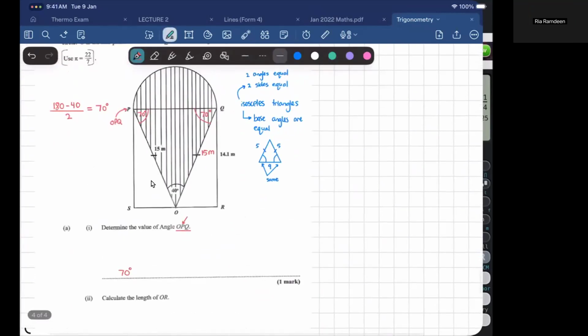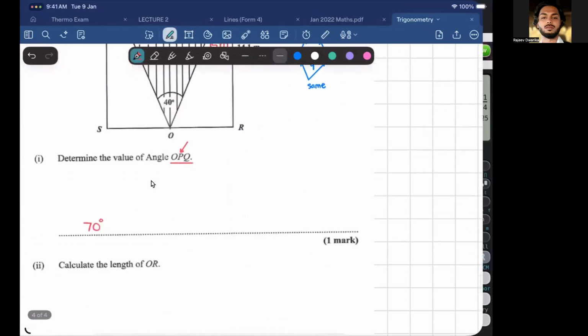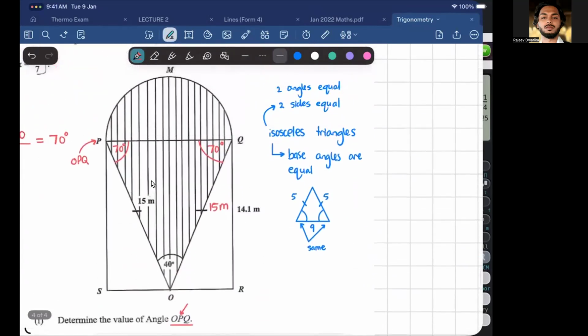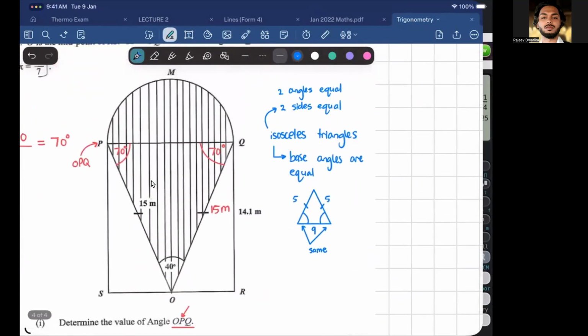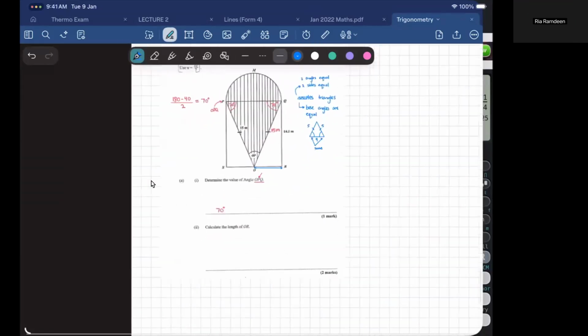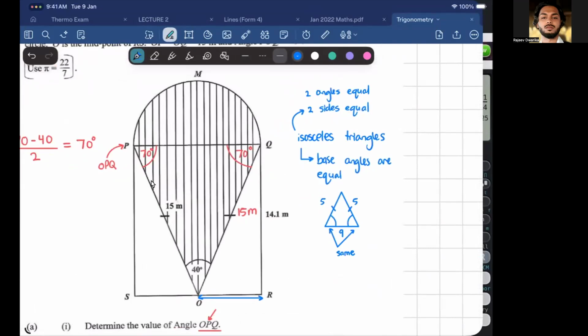Yes, sir. Right. Now I want you to help me find the length of OR. OR would be here, right? This is OR. Some of you okay with that? That's OR. It's a 2-mark question, it's not gonna be that hard.